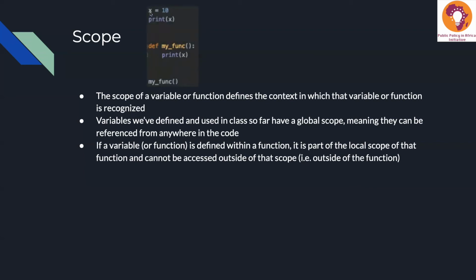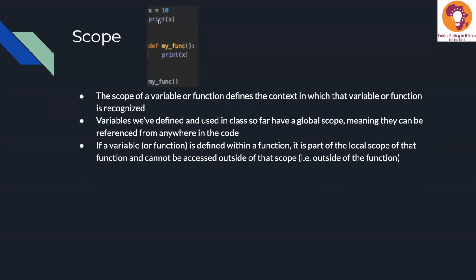Up here, I have x equals 10. And then I have print x. I'm defining my function, and I'm printing x within my function, and then I invoke my function here. So here, x, because it's at the top of the file, not indented underneath anything, has a global scope. So this variable x is accessible anywhere in my code.